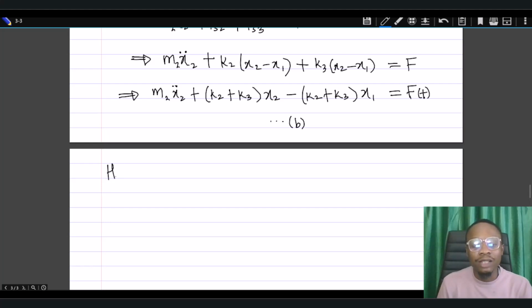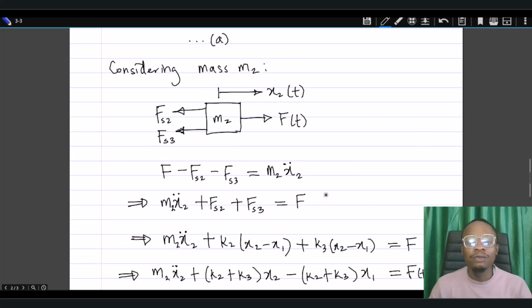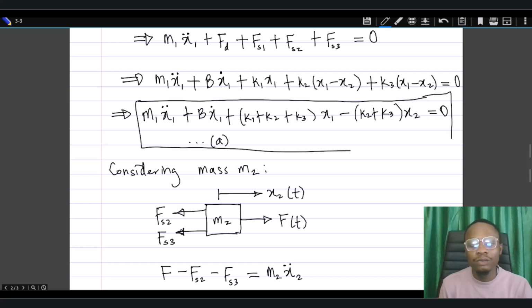We can now say that hence the mathematical model for this system is given by equations A and B. So that is that about that. Those two are the important equations here, so let us highlight them. Okay, we're done with this part of the problem.